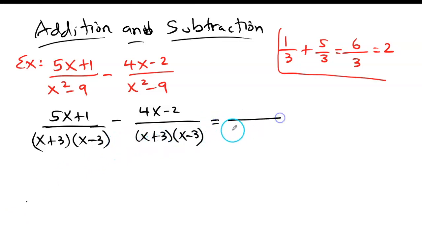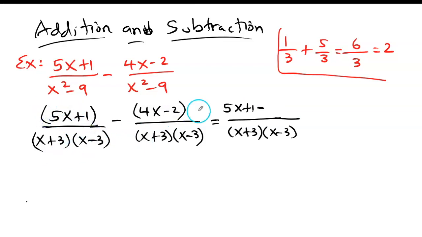So I keep my denominator, x plus 3 times x minus 3, and I do whatever in the top. Meaning, I have 5x plus 1 minus, because I have a minus here, I want to put a parenthesis here. If you know what, let's put parentheses on both.